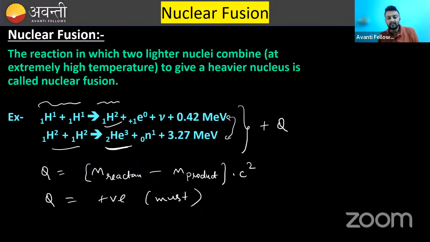If Q value is negative, then the fission and fusion is not possible. Are you getting my point? So Q must be positive, or can you conclude that if Q is positive, that means mass of reactant should be greater than mass of product.